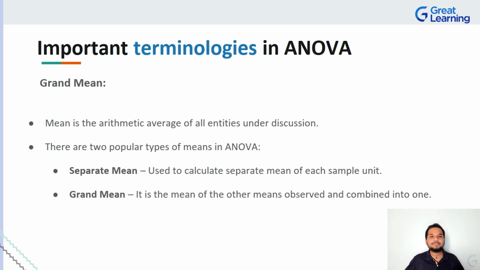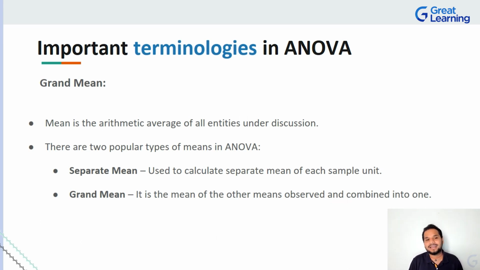But what about a grand mean? Well, think about it like a grand finale, right? What happens in a grand mean is that when you have multiple individual means which are already there because you calculated them manually, and you have like 100 different means from your data, you take all those 100 means and you take the mean of those means. Mean of all means is basically the grand mean. You take each of those means, add all of them up, and divide by the total number of means that you just handled.